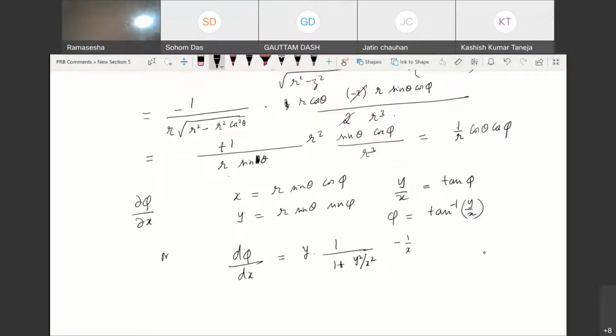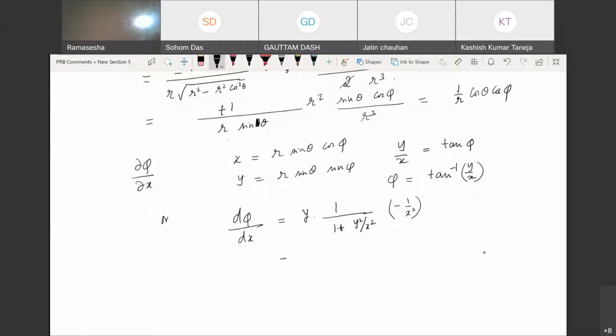Right? Because I have a tan inverse y by x, and if I differentiate tan inverse, I get 1 upon 1 plus y squared by x squared. And when I differentiate y by x, then I get minus y by x squared. Okay, so if I keep this, minus y divided by x squared plus y squared, divided by x squared into minus 1 by x squared.